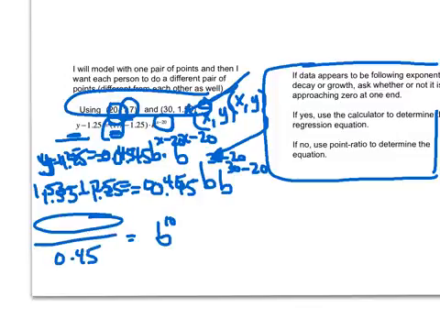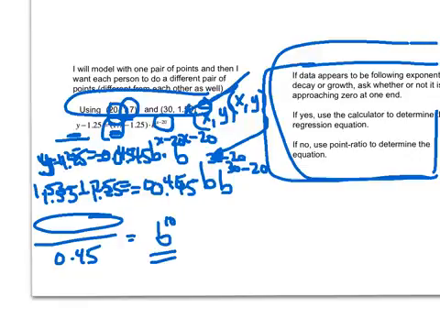Then you'll undo raising to the 10th power using a 1/10 power and calculate the value of b. Once you've done it for this ordered pair, please do it for a different pair of ordered pairs. Pick two other values from that table of values and do this process again. Then we're going to compare the values of b that you get. So that's the general idea with the shifted exponential.